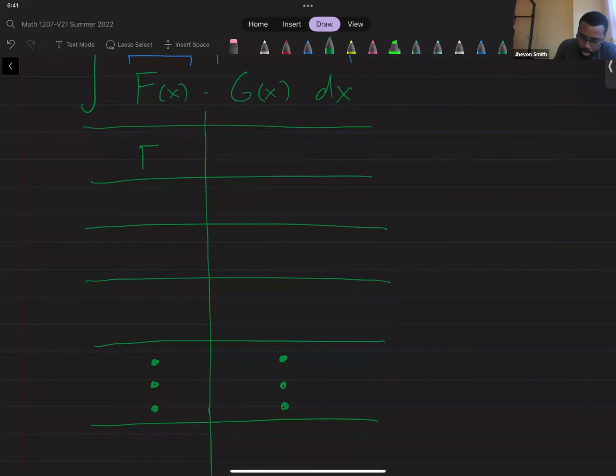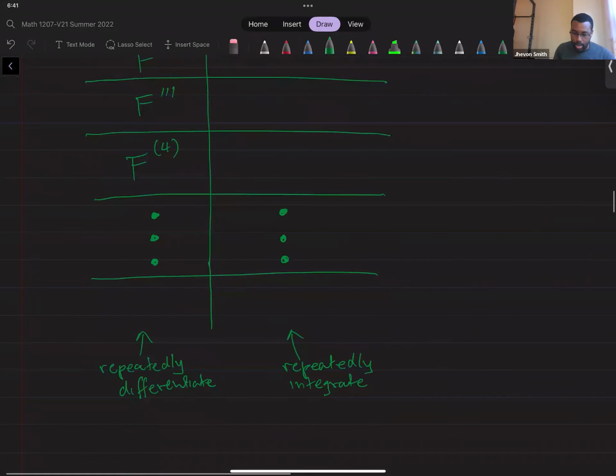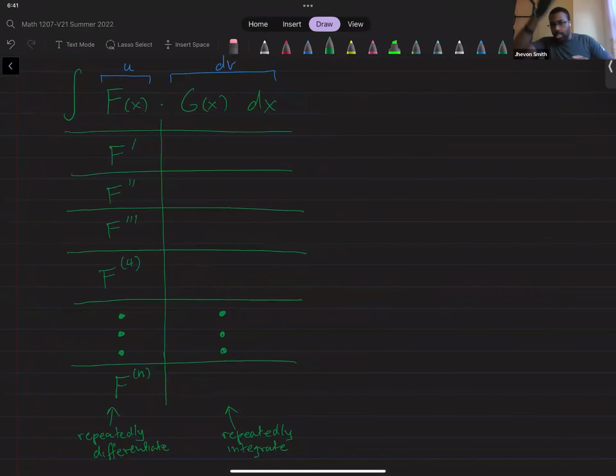You're going to find f prime, then f double prime, then f triple prime, f to the fourth derivative, and you keep going until you do it n times, f to the nth derivative. In the u column, you just repeatedly differentiate because you're always going to pick the u to be the function that was on the left, and you're always going to pick the dv to be the function that's on the right.